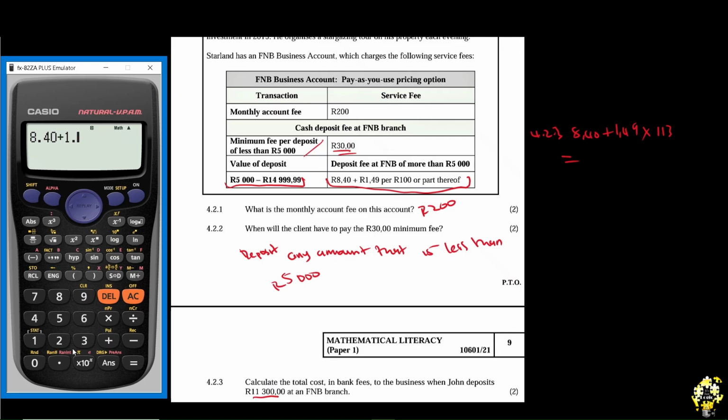When you plus it by 1 rand 49 cents, and then you multiply it by 113. What do you get? You actually get that he will be charged 176.77 cents.